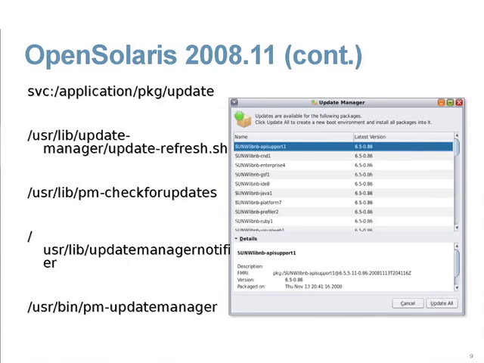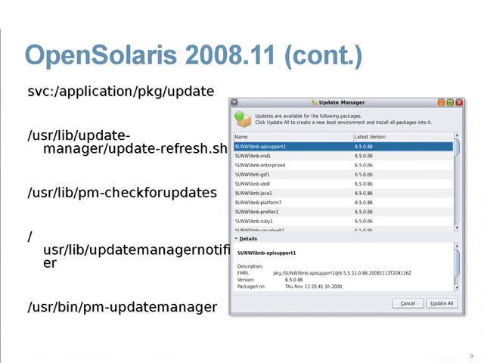So basically we have a very simple SMF service. We don't have action scripts like pre- and post-installation scripts in the IPS, so the workaround is to make a service which runs for the first time when the package is installed.